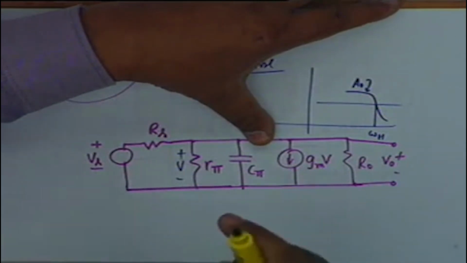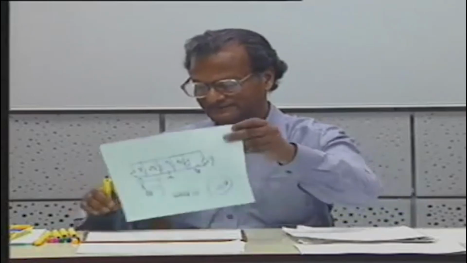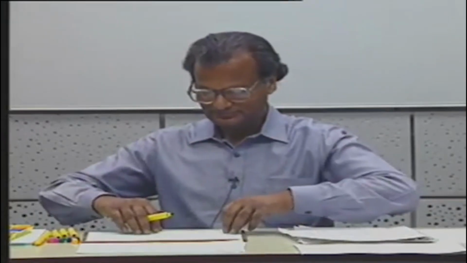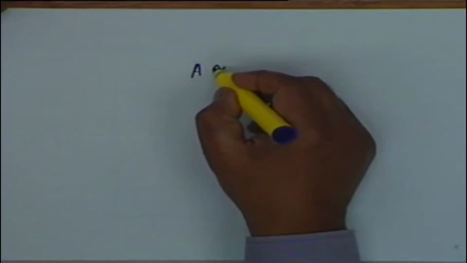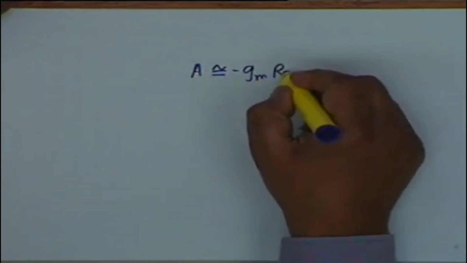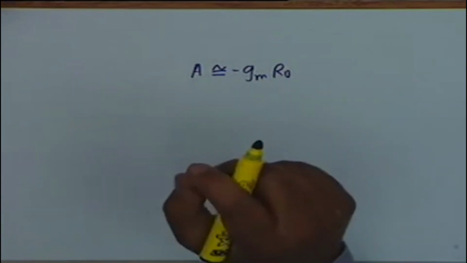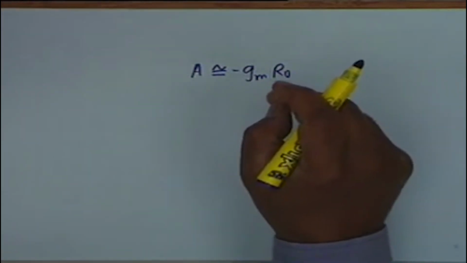This is an approximate picture. So capital A for our case is approximately equal to minus gm R0. You understand this approximation? In calculating capital A, we have ignored C mu.